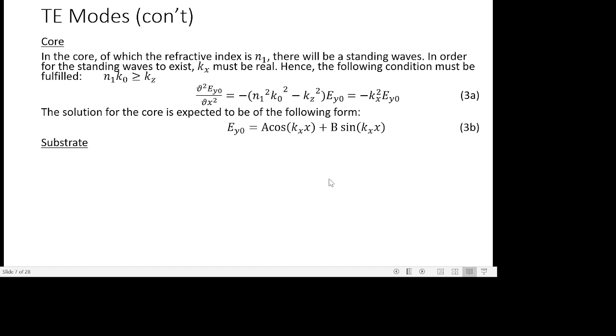In the substrate, we don't want any wave to be present. So we want the wave to be evanescent. This means that we want the wave to be decaying. To be able to do that, we have to make sure this term is imaginary rather than real.